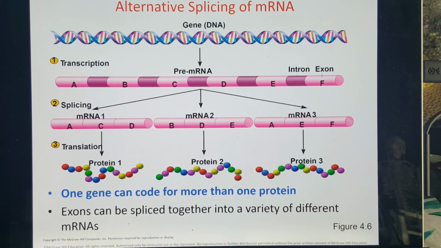Even though we have a certain number of genes, we can actually make a whole lot more proteins depending on how we organize the exons in our pre-mRNA strand. Going from pre-mRNA to mRNA, we determine what sections we need to make whichever specific protein we need. So actually one gene can code for more than one protein.